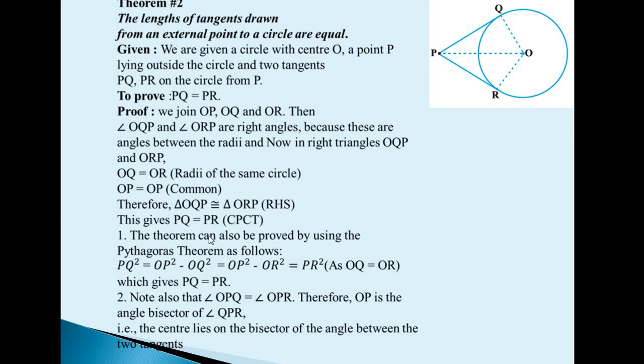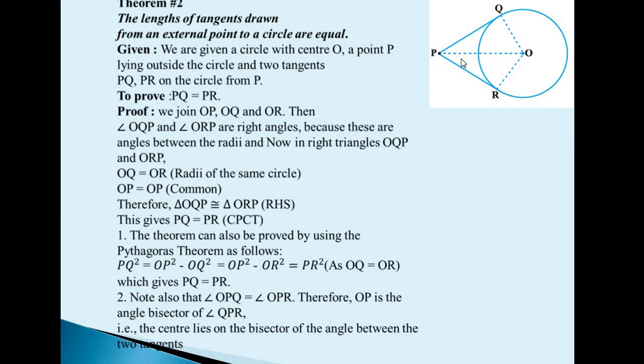Okay, this is the traditional way of proving, but some students do prove it differently. What do they say? PQ square. In right angle triangle OQP, whatever you call it, you can apply Pythagoras theorem, where your OP is the hypotenuse in both the triangles. If you talk about triangle OQP or ORP, in both the triangles you will find that your PO is the hypotenuse.